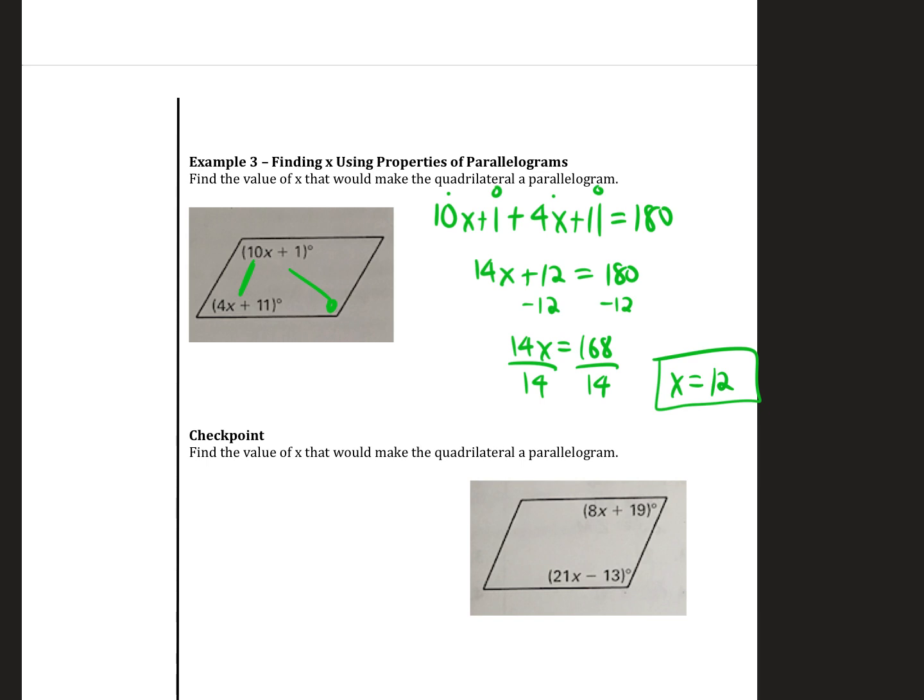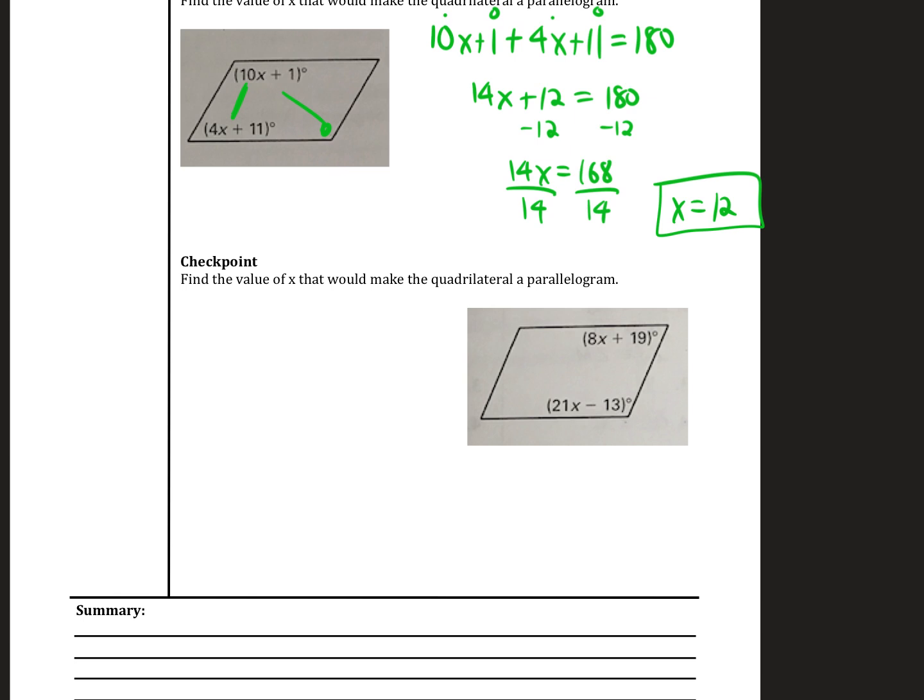All right, one last example. Why don't you do the same thing for the checkpoint here? Go ahead. All right, what kind of angles are these? These are consecutive angles. Are they congruent or supplementary? They are supplementary, so we're going to add them up to 180. So 21x minus 13 plus 8x plus 19 equals 180. Combine like terms.